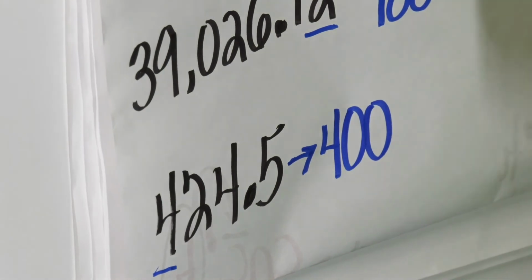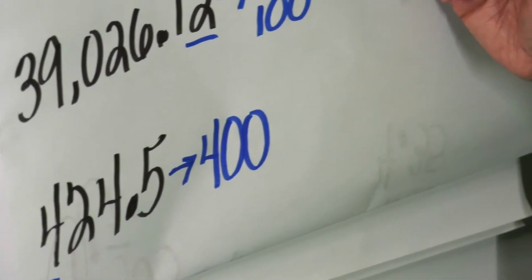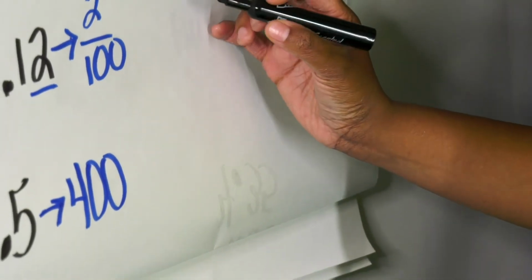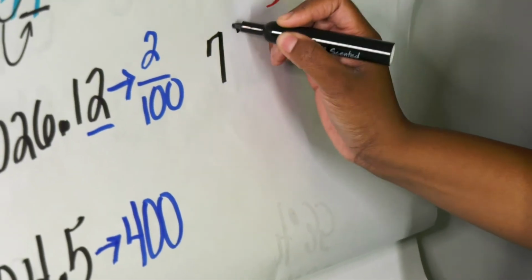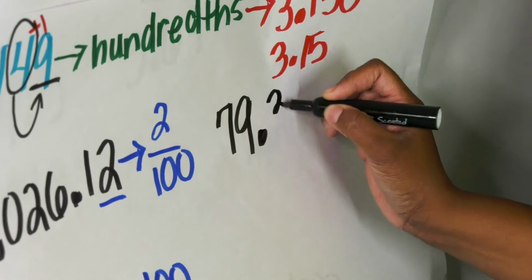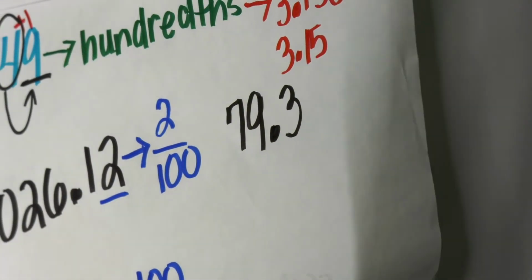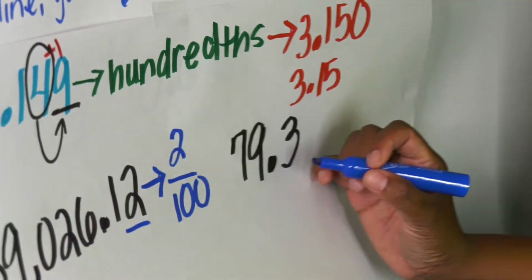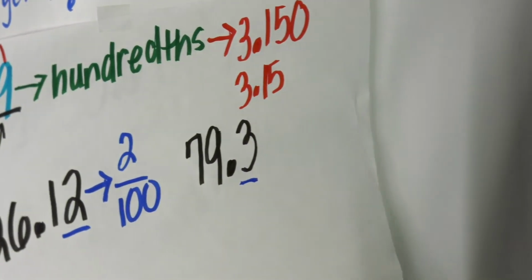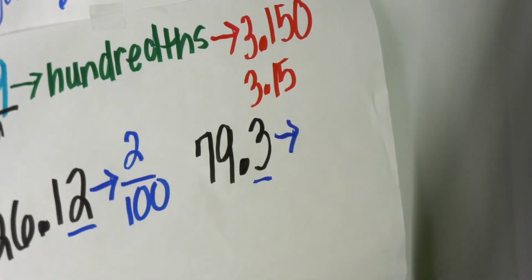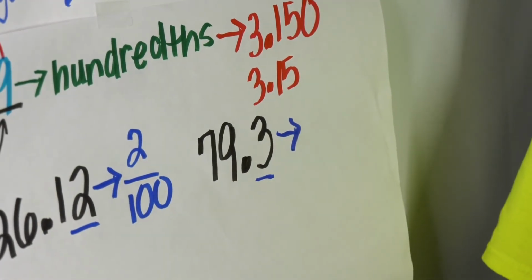Okay, example 3. 79 and 3 tenths. And the underlined digit, the number we are going to underline, is the 3. And we're going to identify the value of this 3 in 79 and 3 tenths.